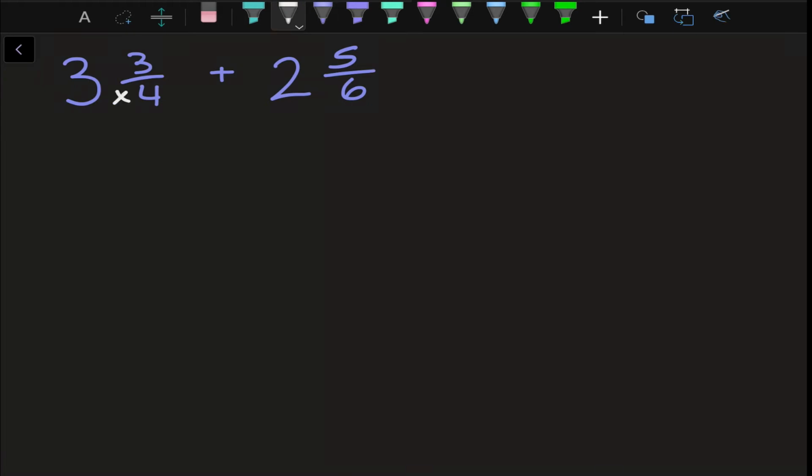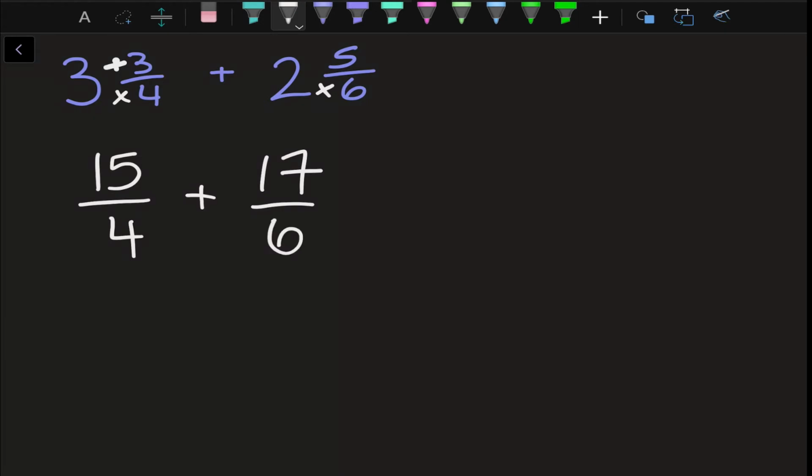So 3 times 4 is 12, plus 3, 15/4. 2 times 6 is 12, plus 5 is 17 over the same denominator, which is 6, 17/6.